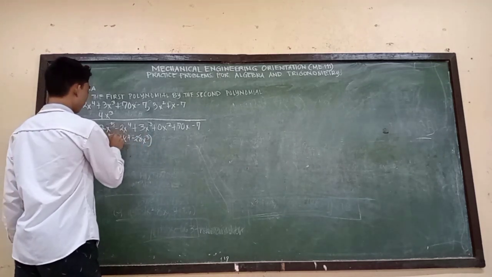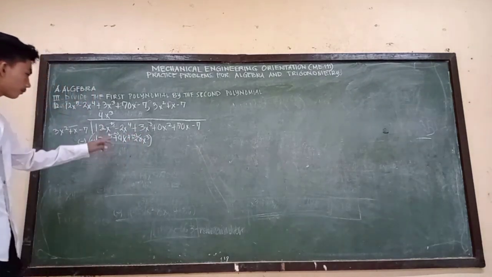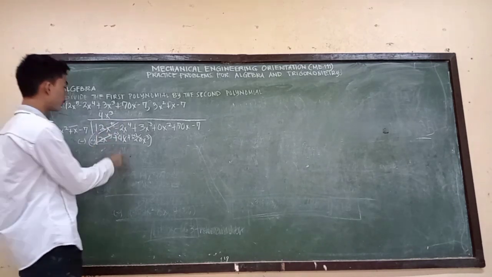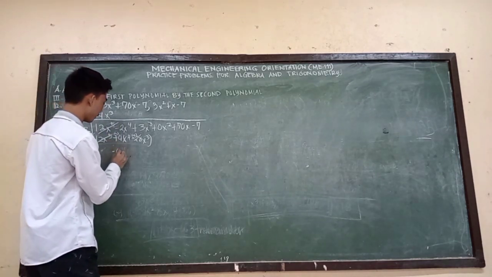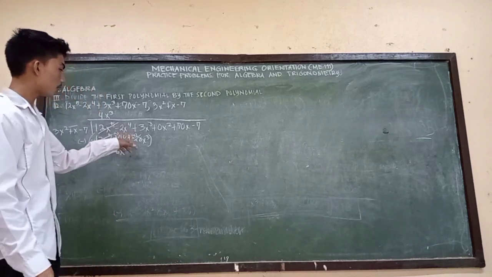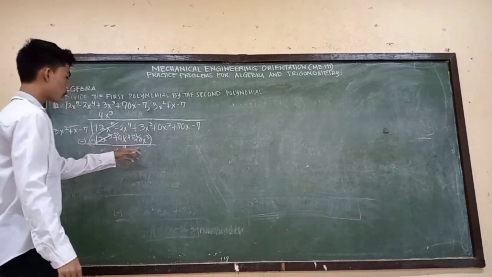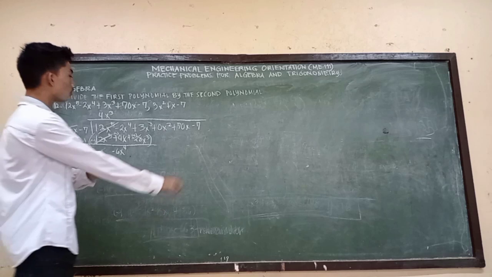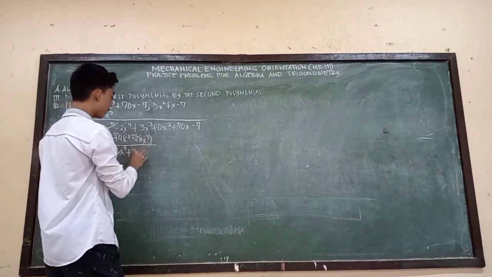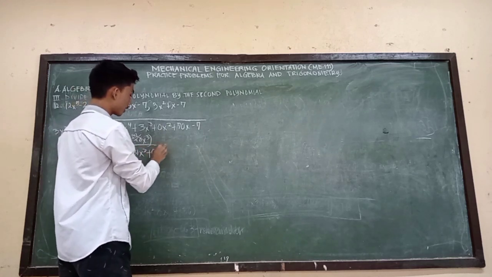Cancel. Negative 2x to the fourth minus 4x to the fourth will give us negative 6x to the fourth. And then 28x cubed plus 3x cubed will give us positive 31x cubed, and then bring down 0x squared.